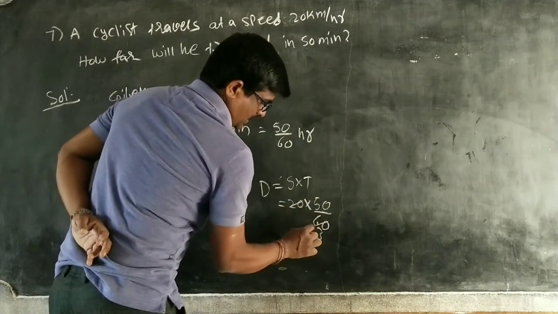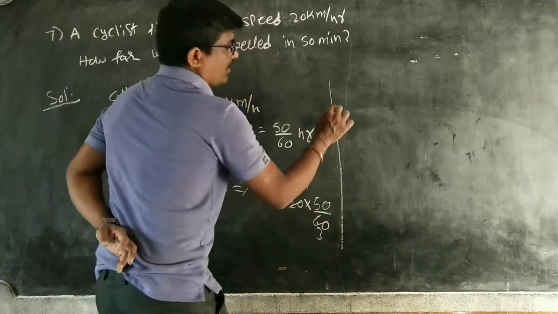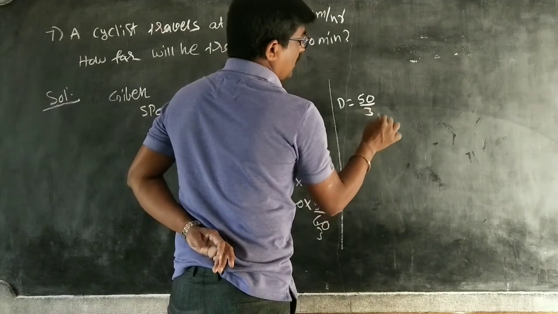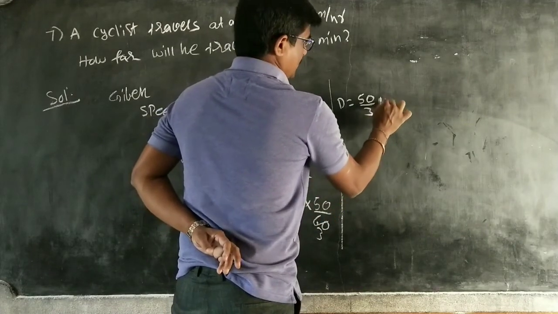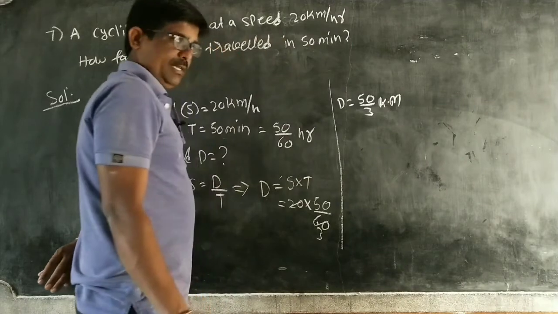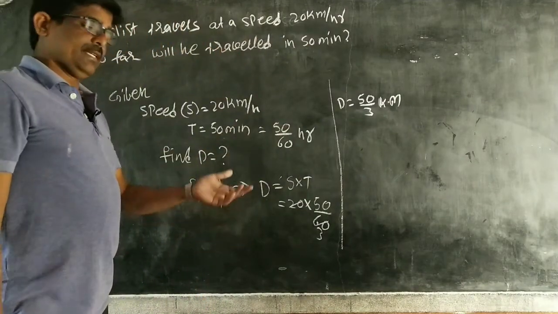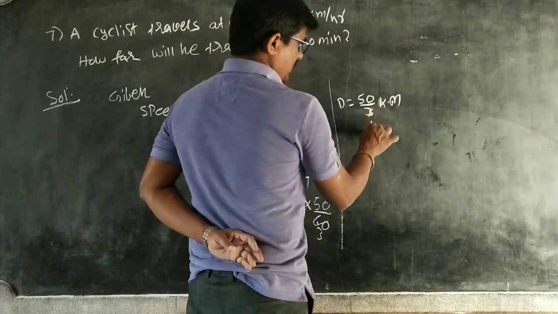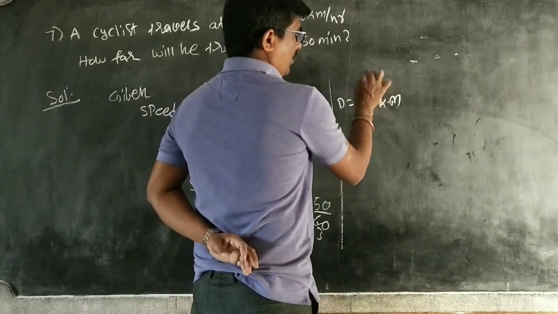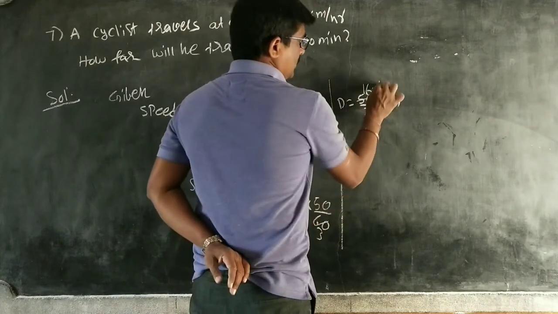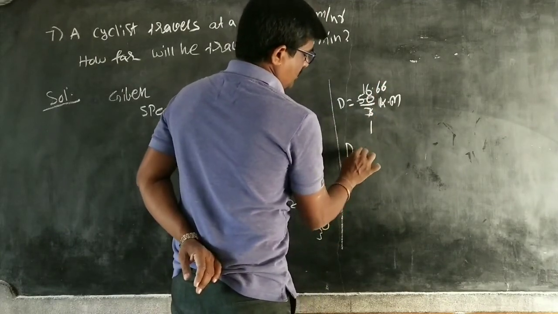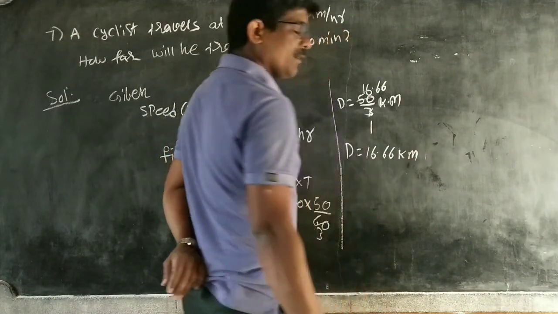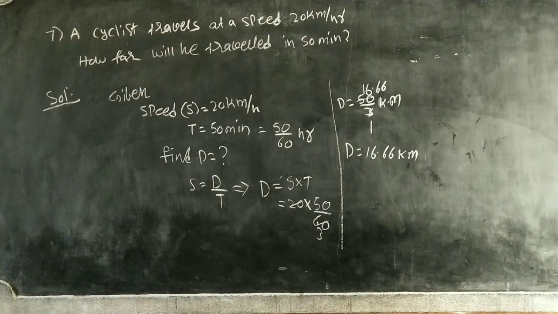Cancelling, that is equal to distance 50 by 3 kilometers. If you want it in meters, you have to convert. Otherwise, 3 sixteens are 48, remainder 2, that is equal to 16.6. Distance d is equal to 16.66 kilometers. Okay, right. Copy it.